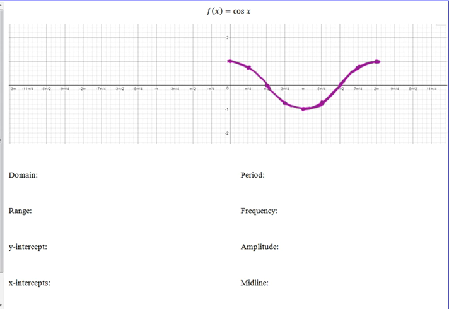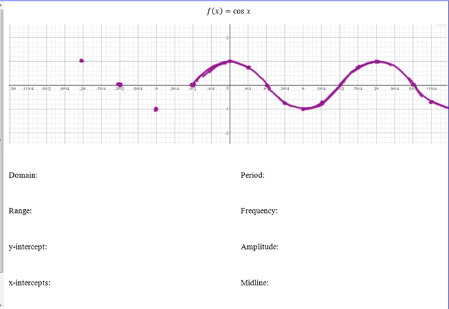But if we continue the pattern, we will begin to see it looking more like our sine graph. Continue it just like we did the sine by repeating those values. Negative pi over 2 would be at 0, negative pi is at -1, negative 3 pi over 2 is at 0, negative 2 pi is at 1.